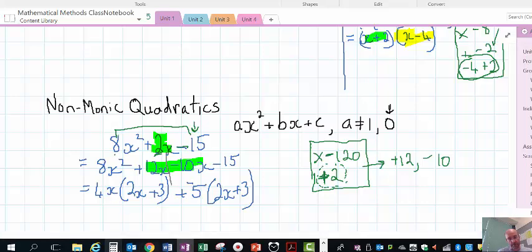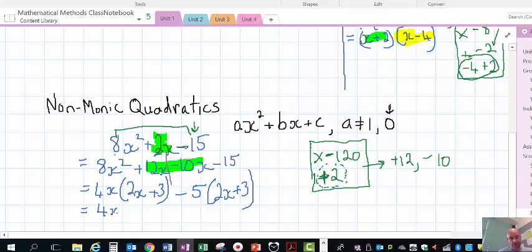We want to take a factor of negative 5 out, so we've got a positive inside the brackets. That's why I've written plus negative 5. I'm just going to write it as minus 5, the same thing. And let's check that. Minus 10x divided by negative 5 is positive 2x, and minus 15 divided by negative 5 is positive 3. That works.